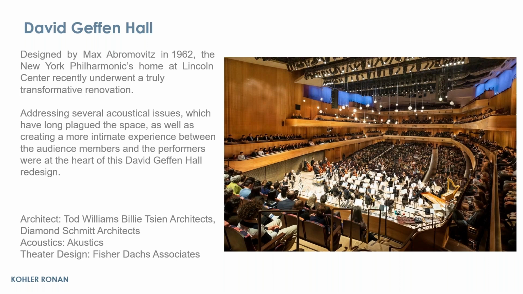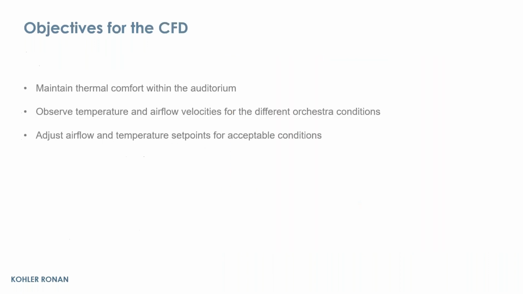We also did a lot of testing using CFD. We were doing design, but because we were working with an existing space, there were a lot of constraints on the amount of airflow we could introduce into the space, since we were using existing distribution pathways.